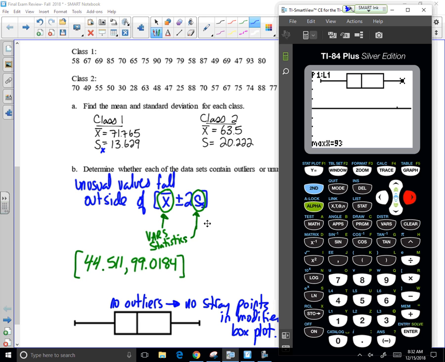That tells me that there are no unusual values because the smallest number in this data set, as shown by the box plot, is bigger than the smallest usual value, and the biggest number in my box plot is smaller than the largest usual value. If I were to draw a number line to represent this interval, the entire box plot would fit in that number line. So that's enough for me to say there are no unusual values.